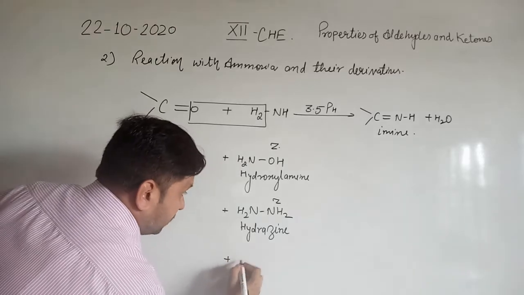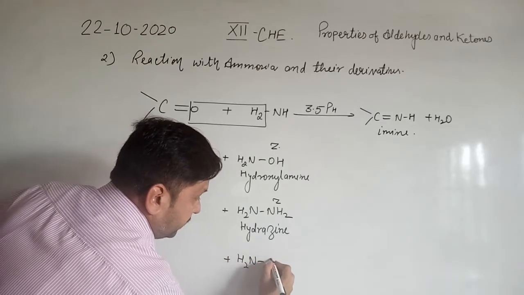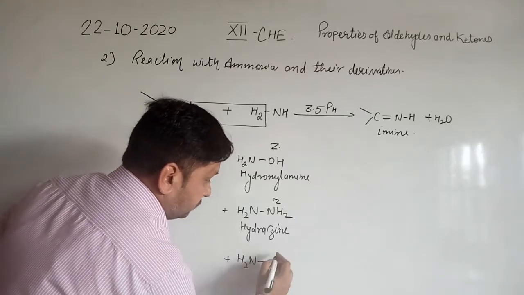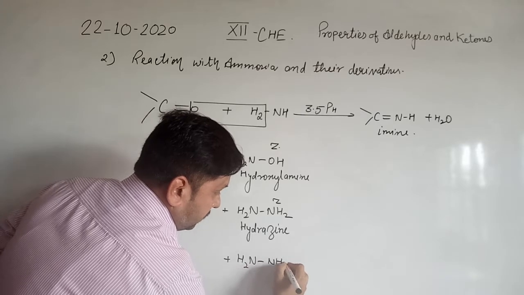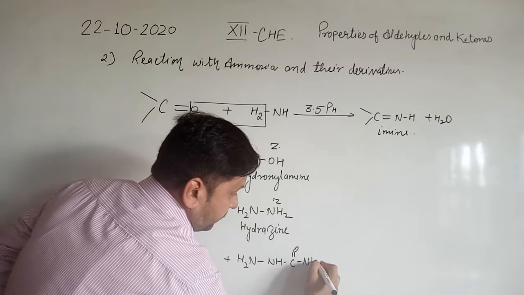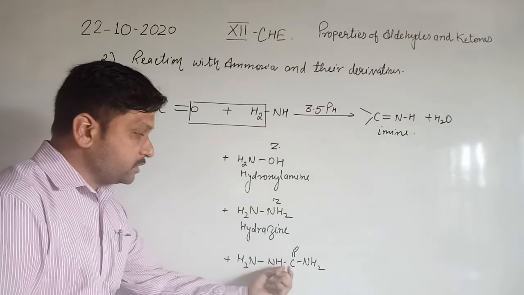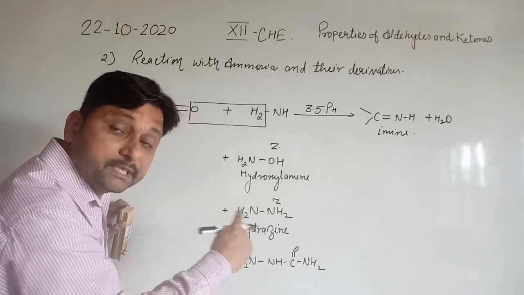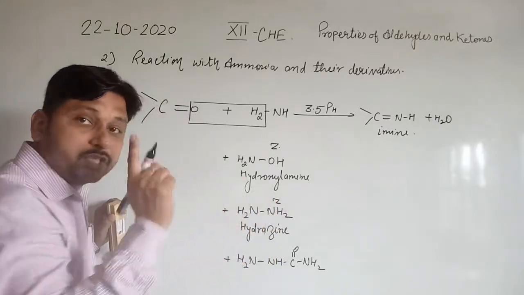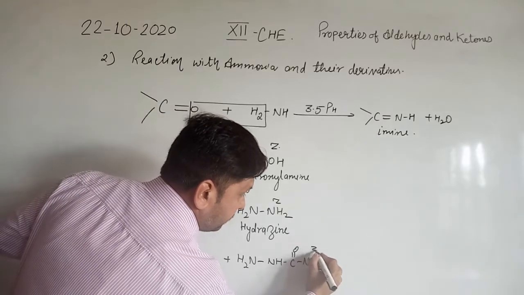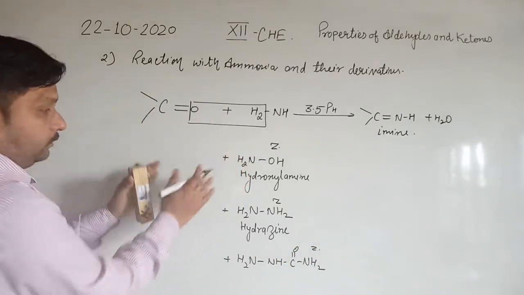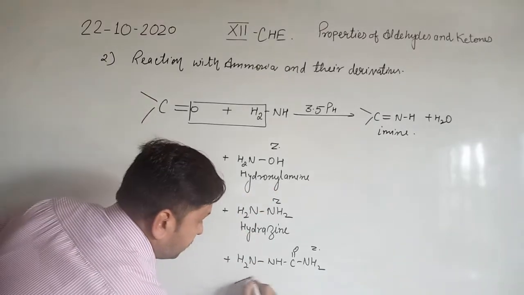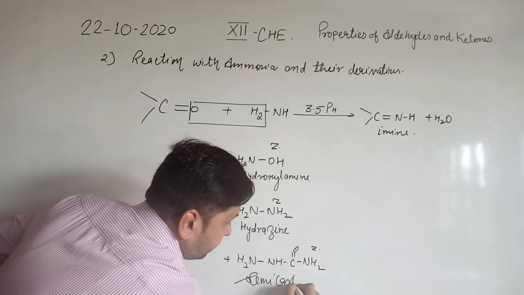Okay? NH2 CO NH NH2. In this compound, this complete part NHCONH2 represents the value of Z. So this compound is semicarbazide.